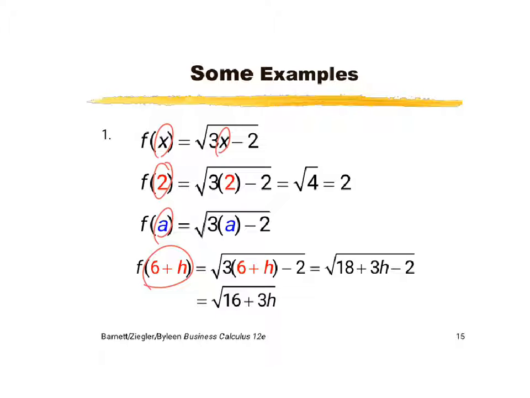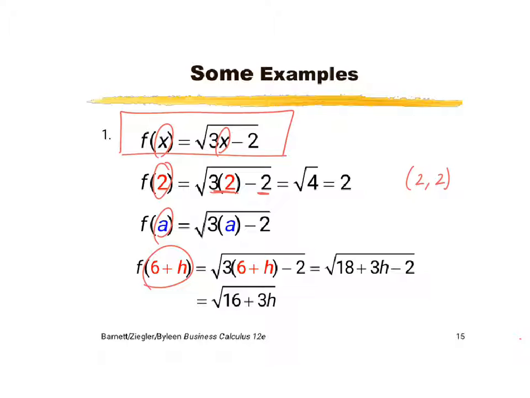Okay, so if I have f of 2, I'm going to replace 2 with the x in the equation given in the box. Okay, so I have the square root of 3 times 2 minus 2. I have the square root of 6 minus 2, which is the square root of 4, which gives me 2. Okay, and so just remember that just means when x is 2, y is equal to 2, and it also represents the ordered pair 2, 2.